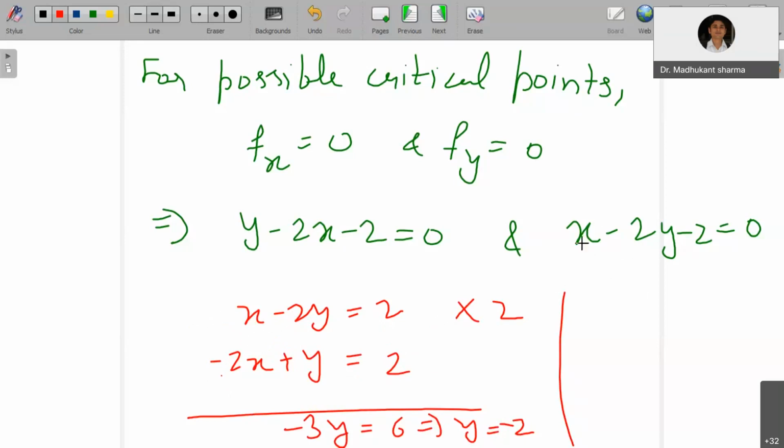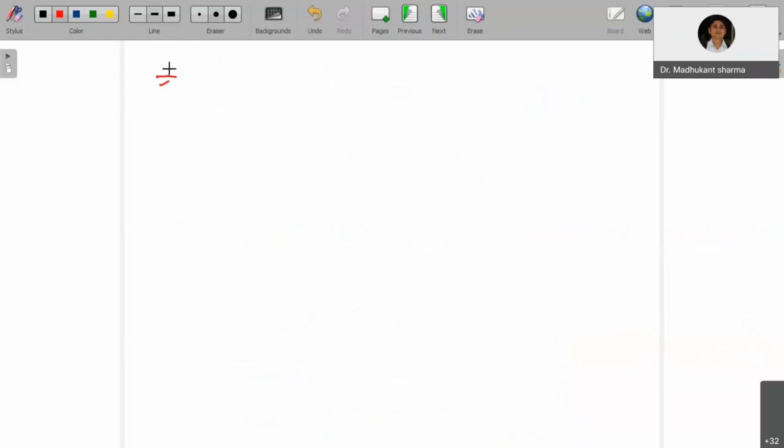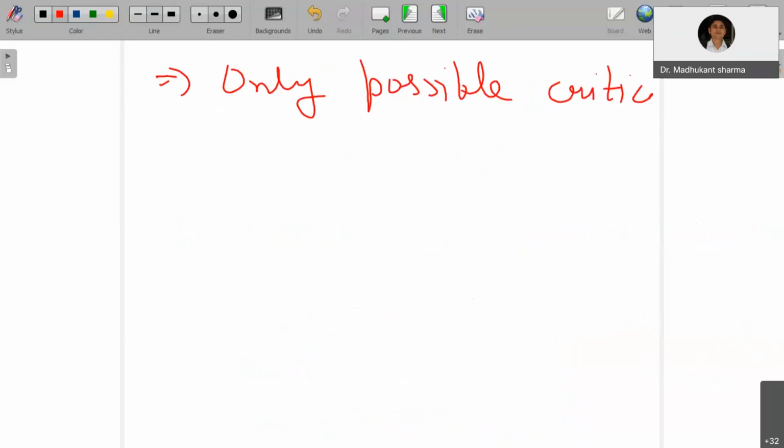You can use any one of the results. I am using x equals 2y plus 2. So it's minus 4 plus 2, which is minus 2. So this gives you the only possible critical point: the point minus 2 comma minus 2.